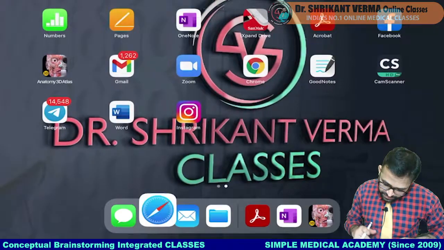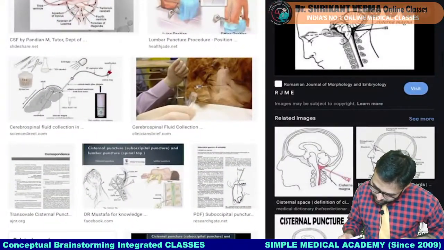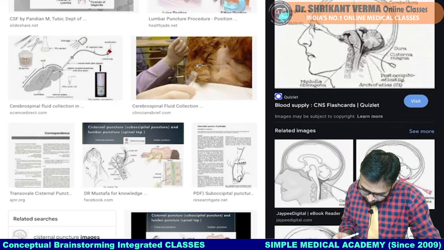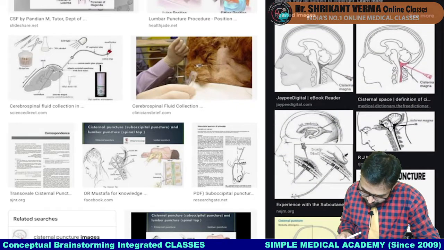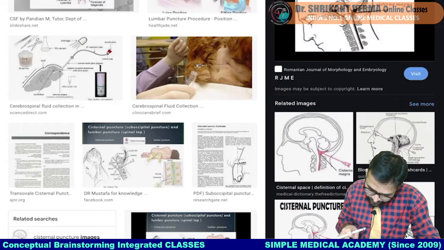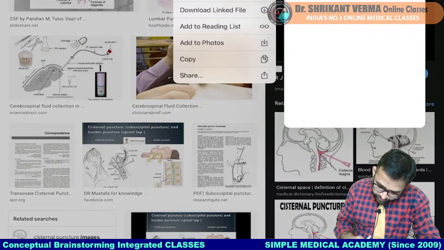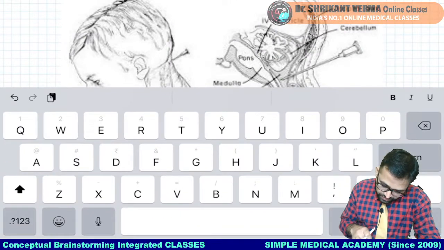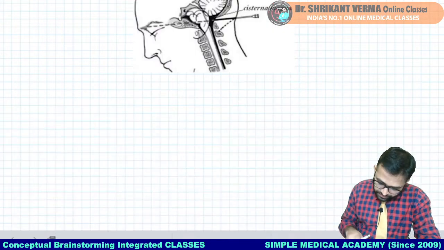This image is a little bit blurred, so try to find a better image. We are including both images.